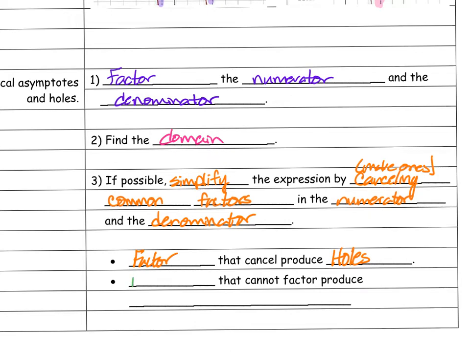And factors that cannot cancel produce vertical asymptotes. We're going to abbreviate vertical asymptotes as VA, so we don't have to write vertical asymptote out every time. I hope you guys are okay with that.